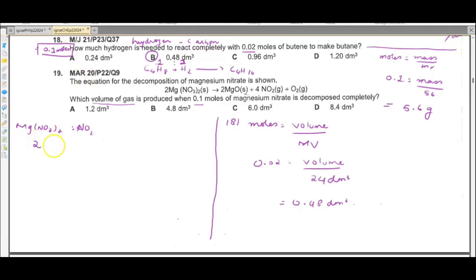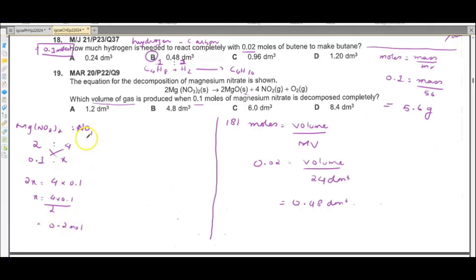So there were 2 moles of magnesium nitrate and 4 of NO2, and we know that there were 0.1 moles of magnesium nitrate, and we need to find the moles of nitrogen oxide. So we will cross multiply, and x is equal to 4 into 0.1 by 2, which is going to give us the number of moles of nitrogen oxide, and it would be 0.2 moles.